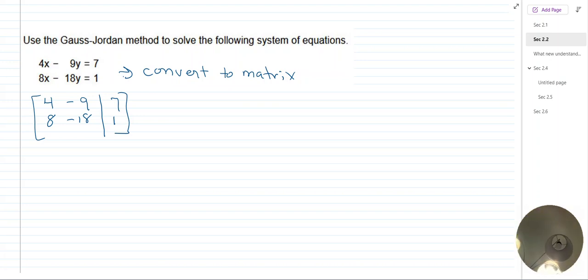We're going to say the new row 2 is row 2 minus 2 row 1s. So I'm going to have this guy with a negative 2.